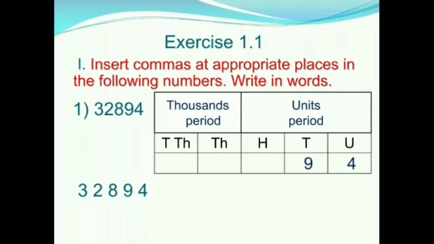Which is the third number? Yes, 8 is in the third number. Third place is hundreds. So we should write 8 in hundreds place. Now the fourth number is 2. Which is the fourth place in place value table? Yes, the fourth place is thousands place.